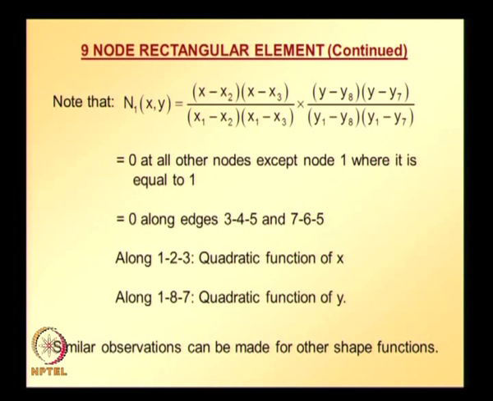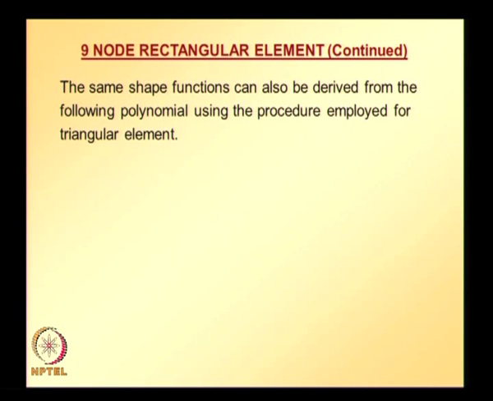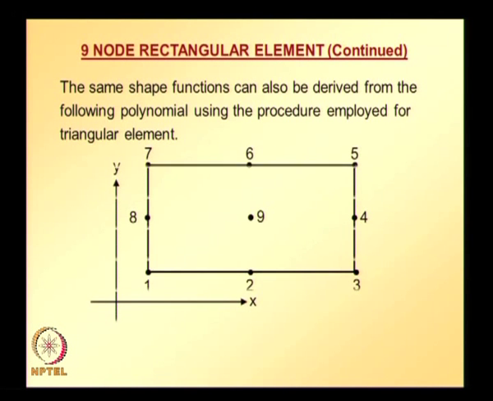So, when we derive shape function expressions for this 9 node Lagrangian element, basically we use the Lagrange interpolation formula. Instead of that, we can also start with a polynomial having 9 coefficients, and we can derive the same shape functions, using the procedure employed for linear triangular elements.